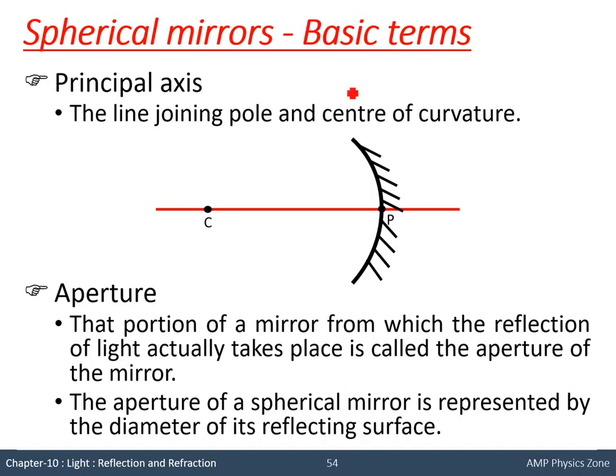When the mirror is seen not from the side but from the front or back, it will be circular. So aperture will be this distance, which is the diameter of the circle. It means the diameter of the reflecting surface or reflecting mirror is called aperture.